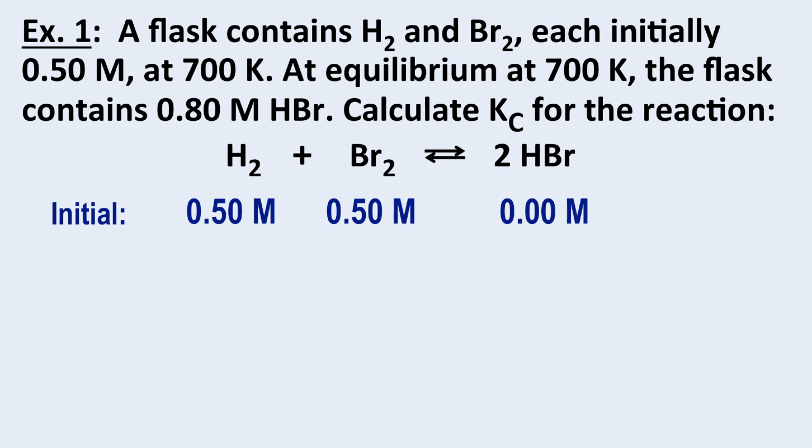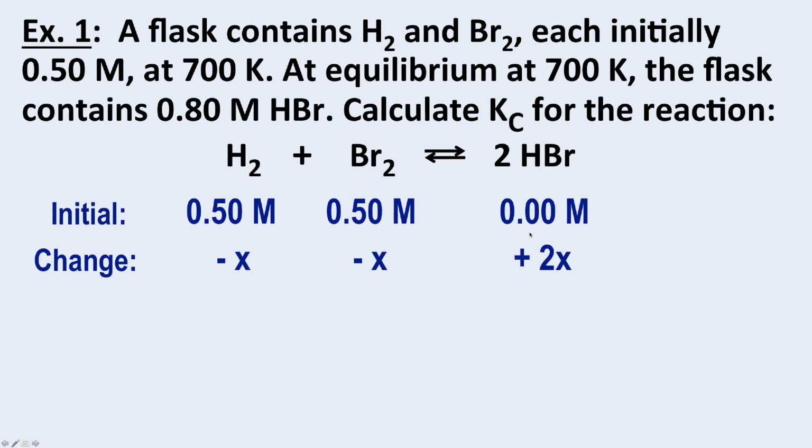Even though we don't know what the concentration changes are exactly, we can relate them to each other by using X to symbolize the unknown change, and then noting that the H2 concentration goes down. The Br2 concentration also goes down, so we have a negative sign indicating a decrease in concentration.